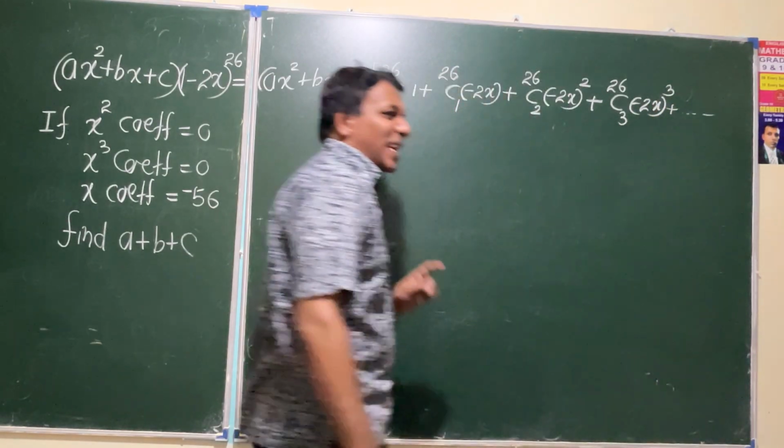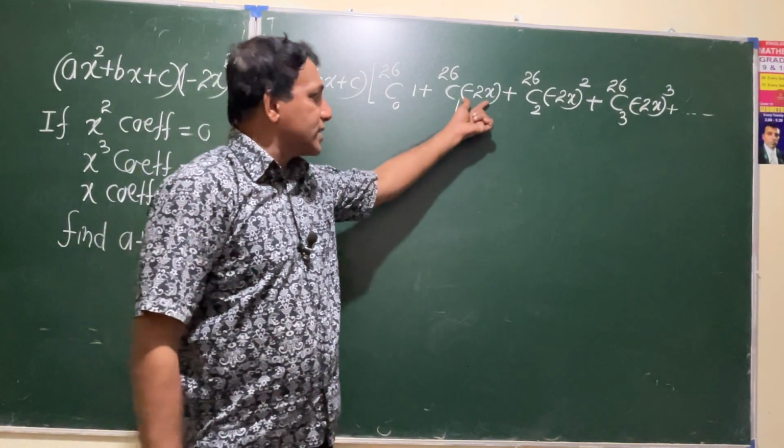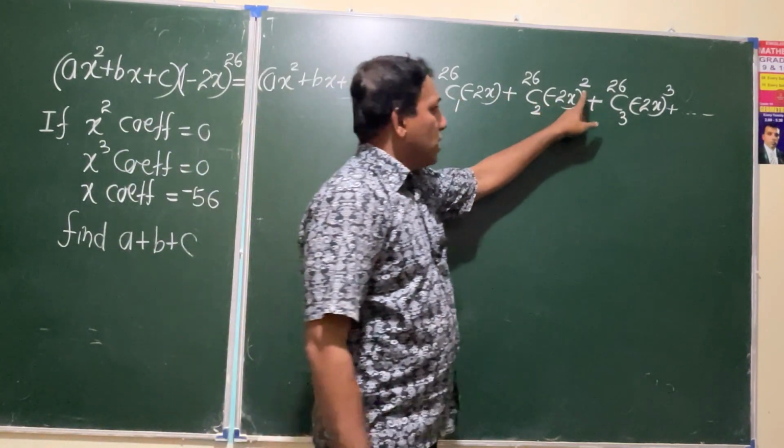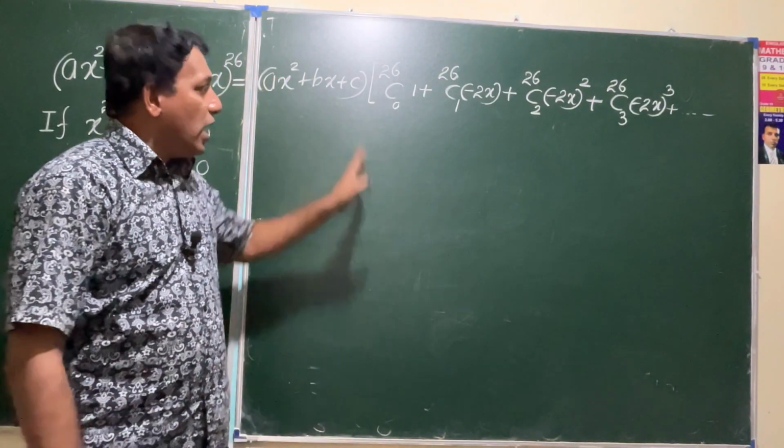So I won't show plus minus here; I use plus and minus terms. The even power comes positive, the odd power comes negative, and so on.